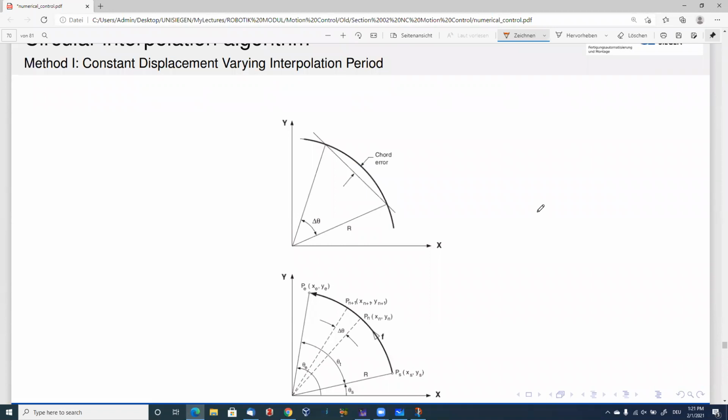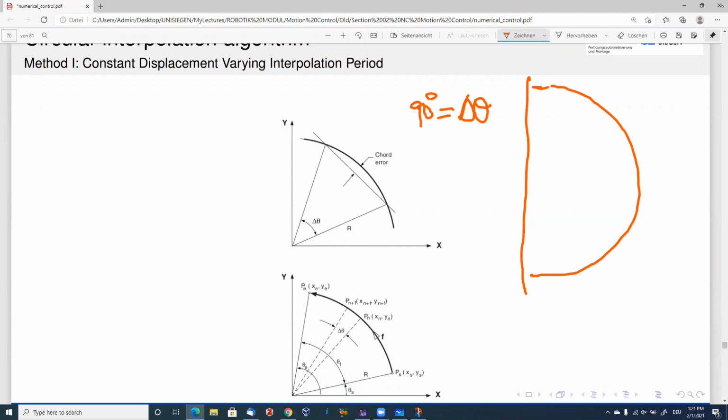if this delta theta is higher, I can assume you have a half circle. Let's say you have a half circle. In case of a half circle, this delta theta is equal to 180 degrees.